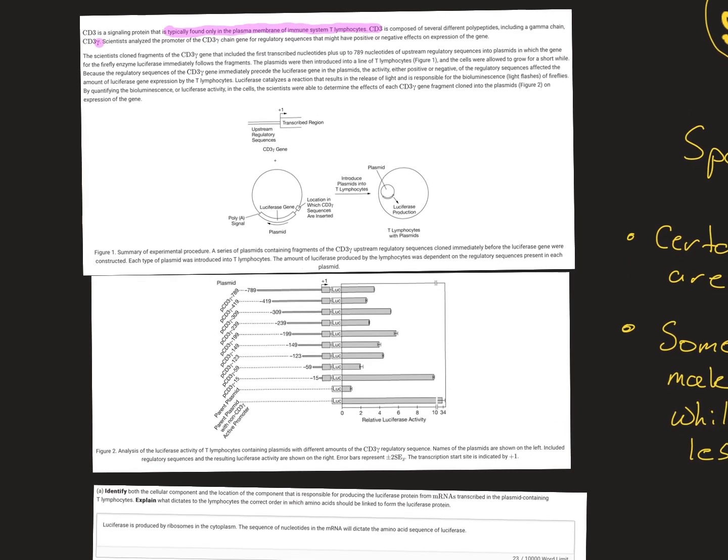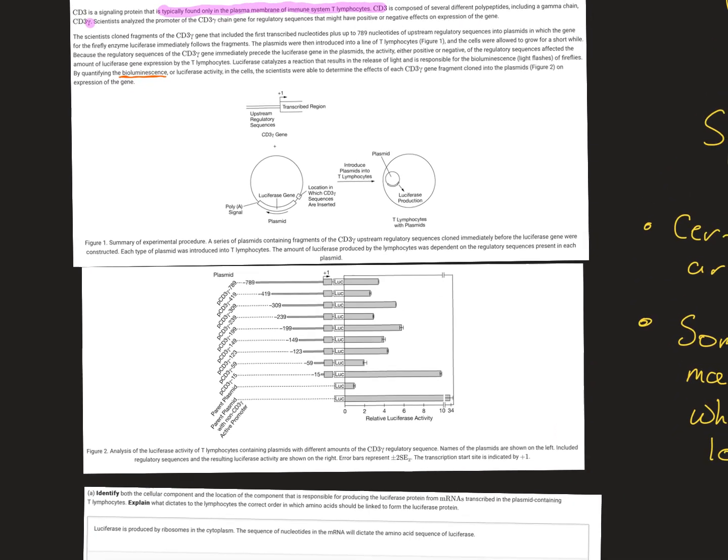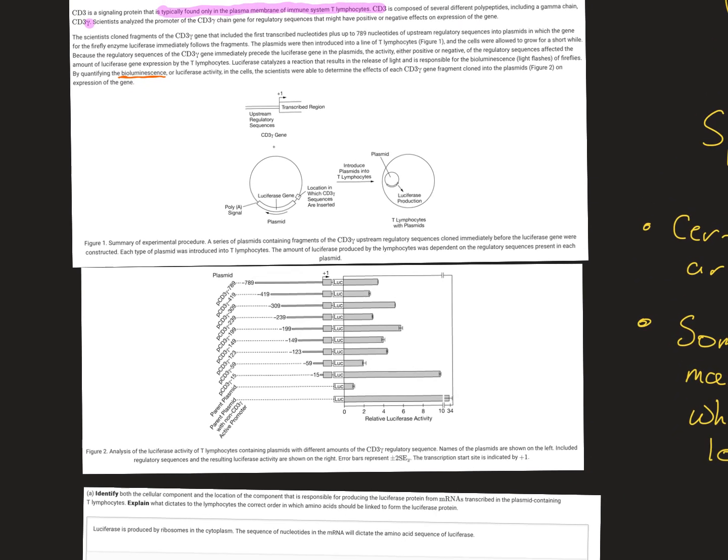Bioluminescence is what it's called. It's one of the really important techniques in modern molecular biology. It allows us to identify whether a gene's working or not. So here they have a quick drawing of an upstream regulatory sequence. The +1 means that's where it starts to transcribe, right?